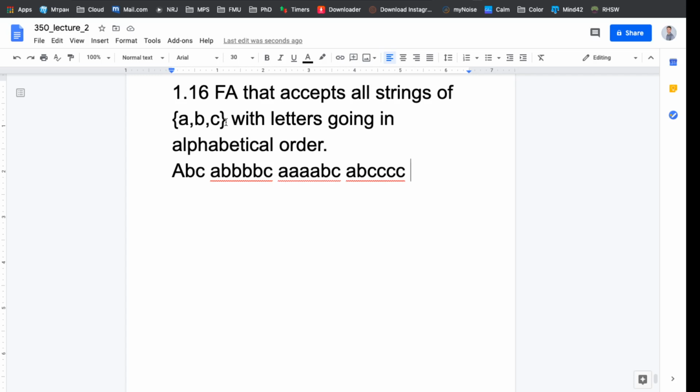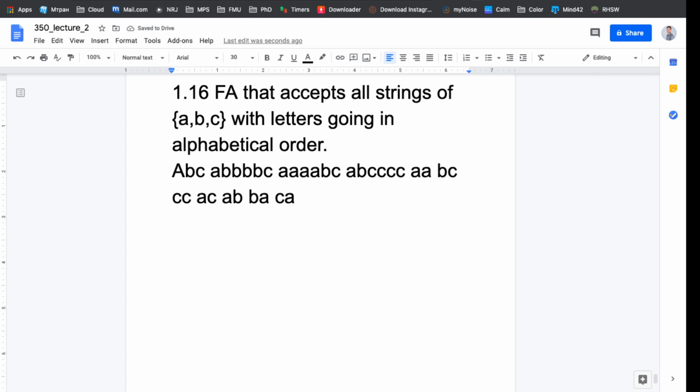But it's possible that it's still in alphabetical order. For example, I can have two A's, that's still alphabetical order. I can have BC, I can have CC. I can have AC, AB. I can't have something like BA or CA.